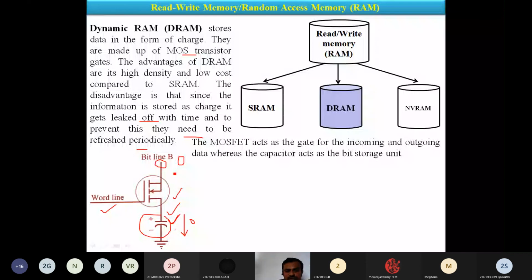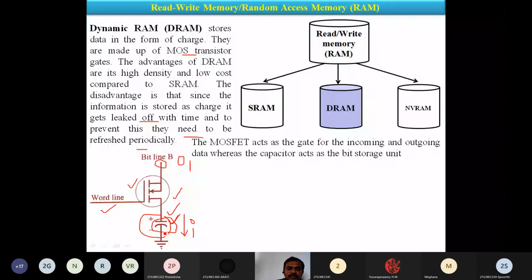Now bit 1. If the data line is 1, and if you make this transistor on, this is going to be stored in the capacitor in the form of charges. It is going to charge when the bit line is 1 and the transistor is on. So the data stored is 1. Okay. So when the transistor is on, if the bit is 0, the capacitor is going to discharge.